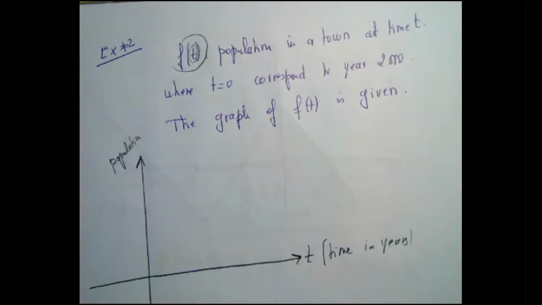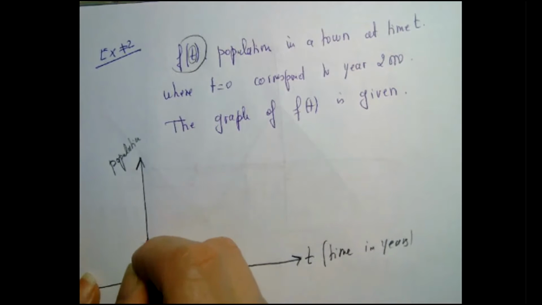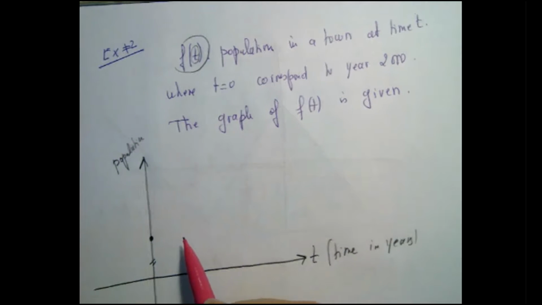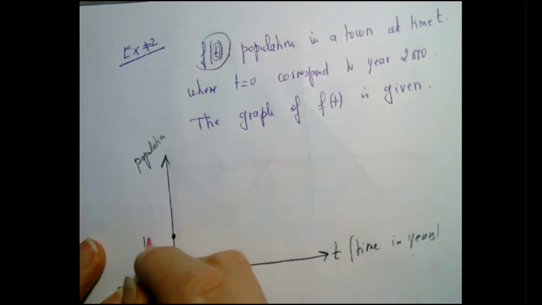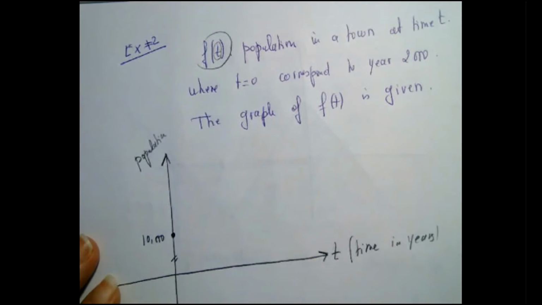Assume it's a human population, so it's people. This is 10,000. When I put those 2 dashes, it means this should be bigger than it is, but to make the picture easier, I have to do that. So 10,000 at t equal to 0.